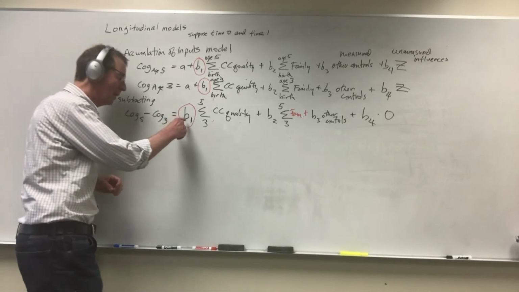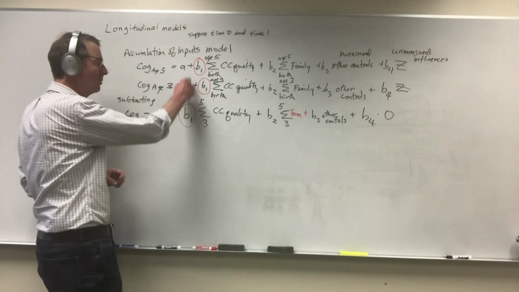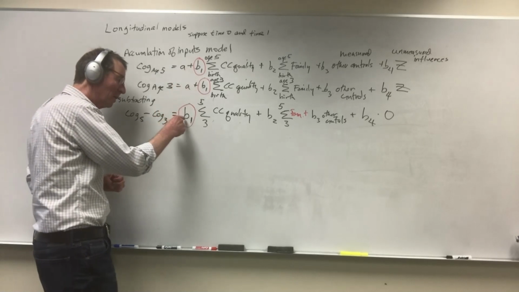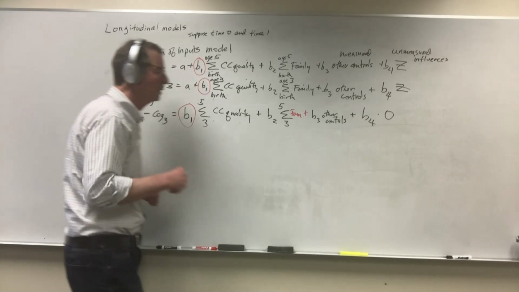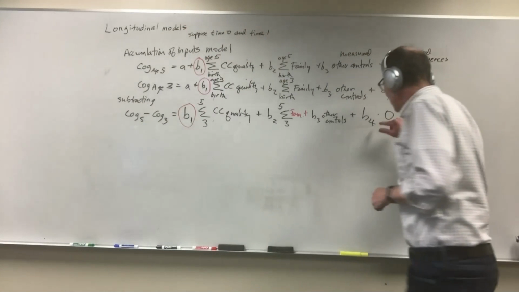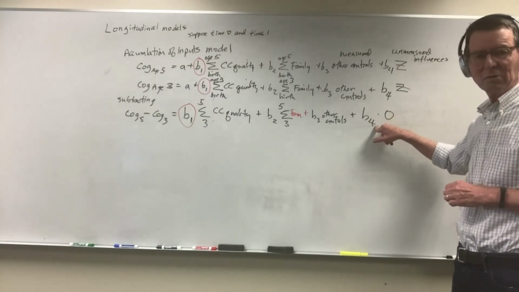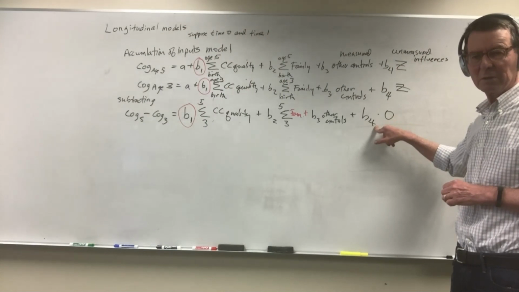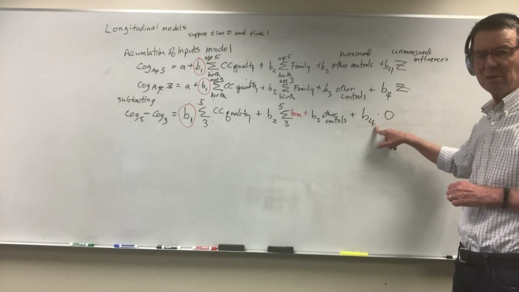So, even though conceptually this B1 is the same as these B1s, you can argue this B1 is better because it's not biased by persistent, difficult to measure or impossible to measure z variables.